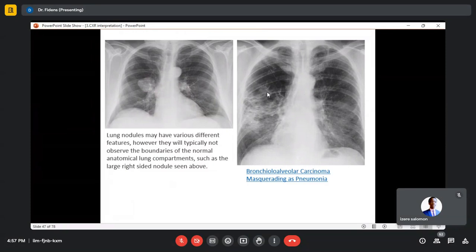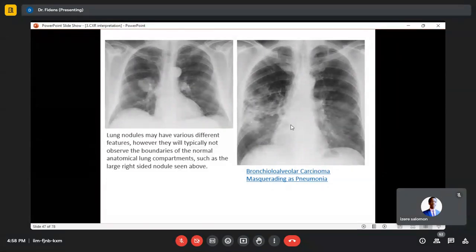Yes. You said that we have an air bronchogram, but I have failed to differentiate it from the lines we have seen, and even the vascular markings.